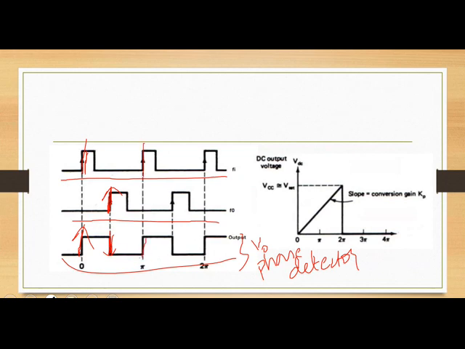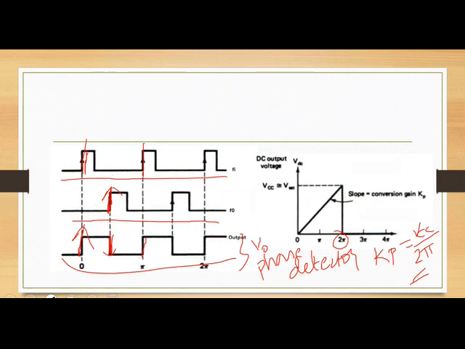So the conversion gain here is for 2 pi. So here your Kp is given by V by 2 pi. So since the duty cycle of the signal is less than 50%, the maximum phi approaches 2 pi radians.